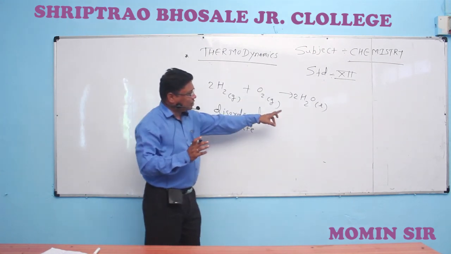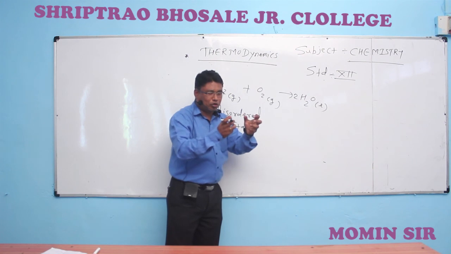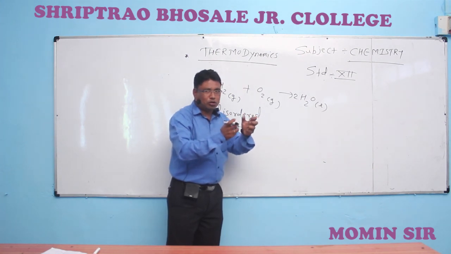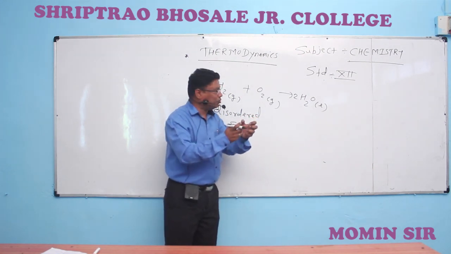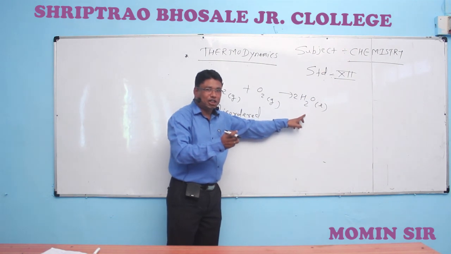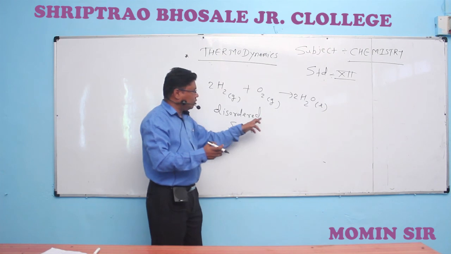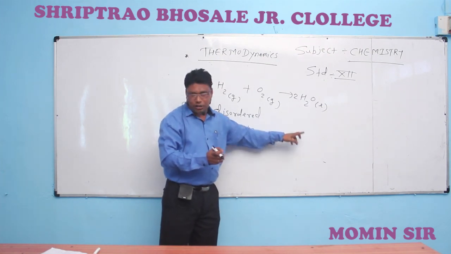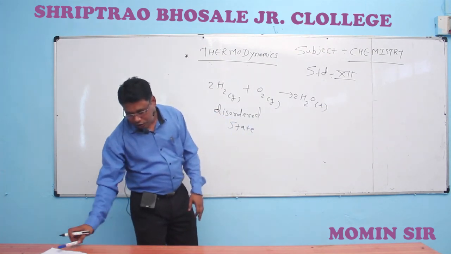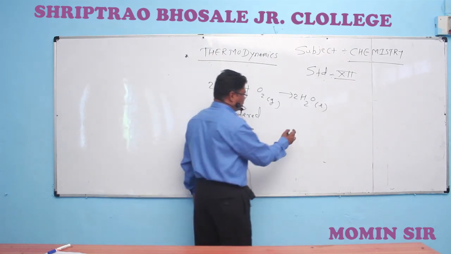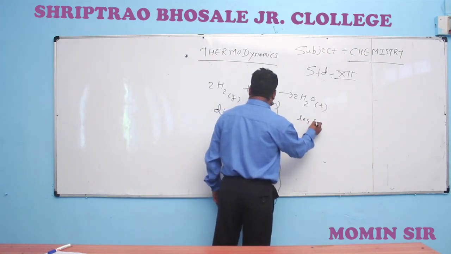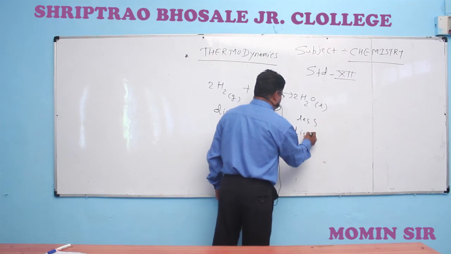But when the gaseous state is converted into the liquid state, molecules are close to each other, and the attraction between molecules in the liquid state is more than in the gaseous state, which means the disordered state decreases and it becomes less disordered.